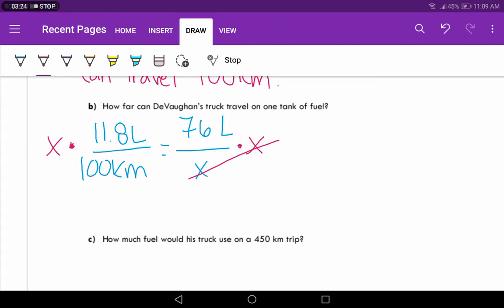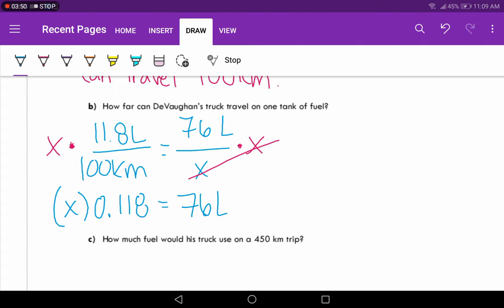So, before I multiply that left side by x, I'm actually going to just carry out that division. So 11.8 divided by 100 is 0.118. And we know that that has to be x times that equals 76 liters.